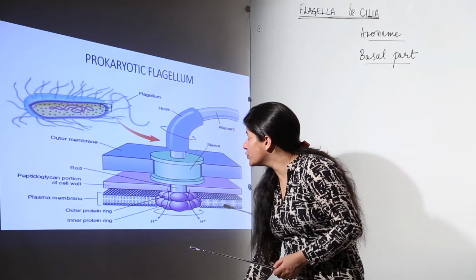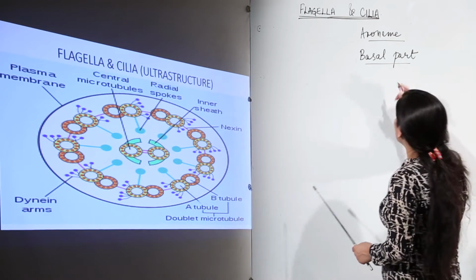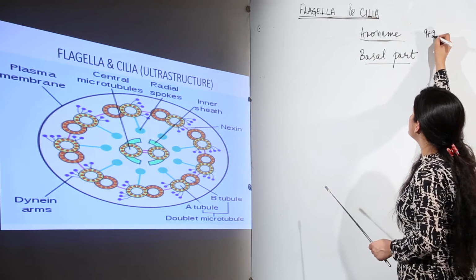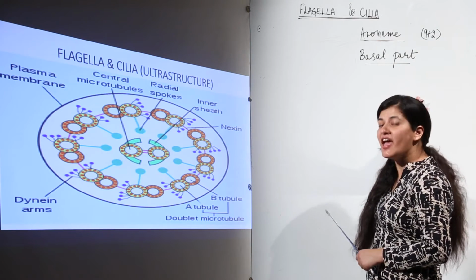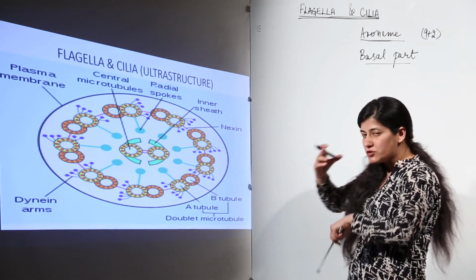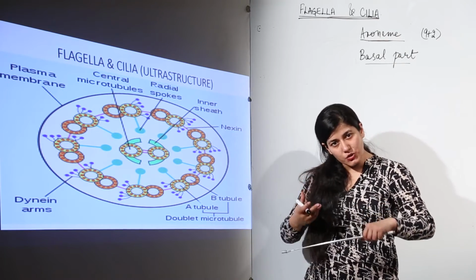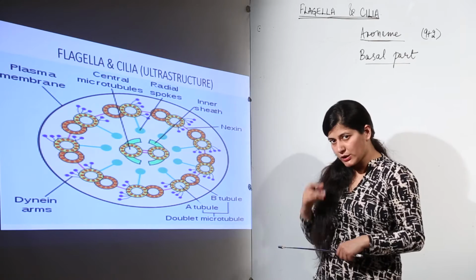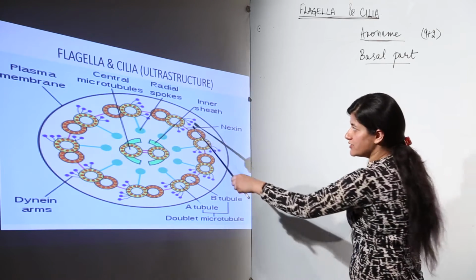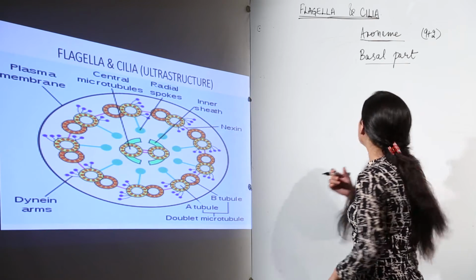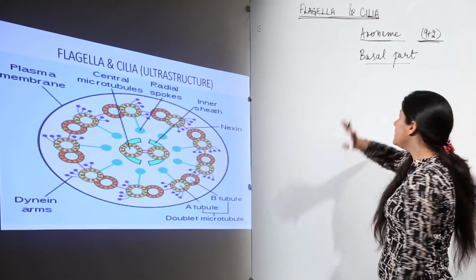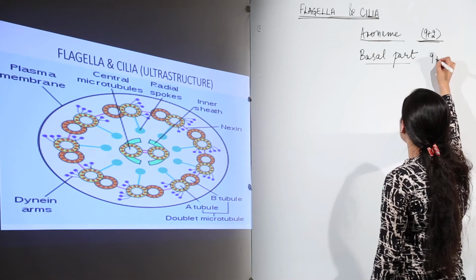Coming back to the ultrastructure, we have this axoneme, which has a 9+2 arrangement of microtubules. You know what microtubules are and what their function is. Microtubules are basically polymers of tubulin which get intertwined, and because they are hollow from inside, you can see this hollow part represented here. So we have a 9+2 arrangement in the axoneme, while in the basal part it is 9+0.